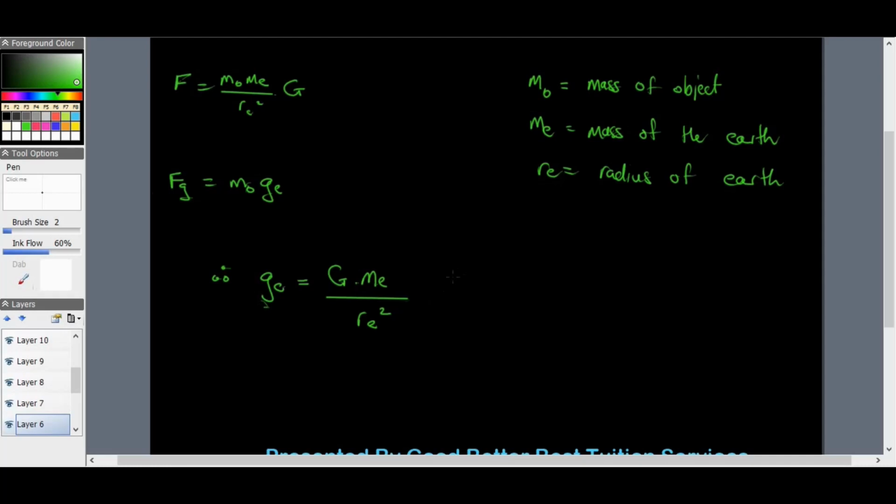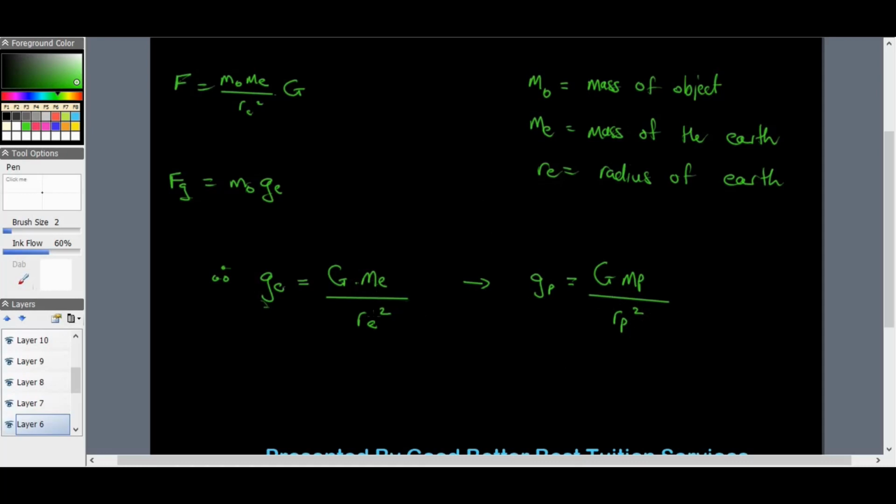So this, of course, is for Earth. Now we take that slightly further: g of an unknown planet is equal to the gravitational constant times the mass of that planet divided by the radius of that planet all squared. That is a new formula that we have just found.